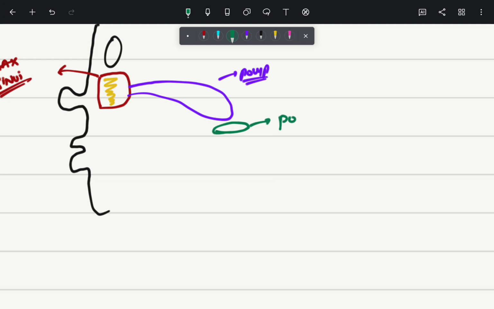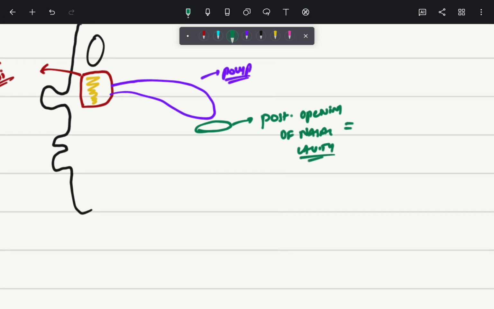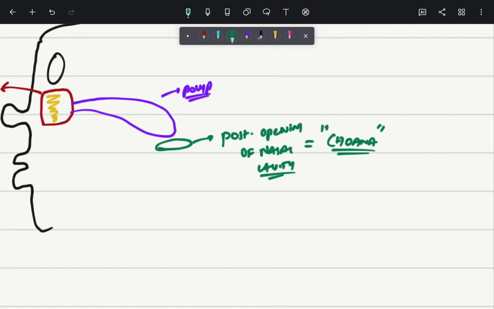This opening is the posterior opening of the nasal cavity, which is called your choana. Okay, so the name makes sense. Antrochoanal polyp: antro means maxillary sinus, choana means posterior opening, and the polyp.